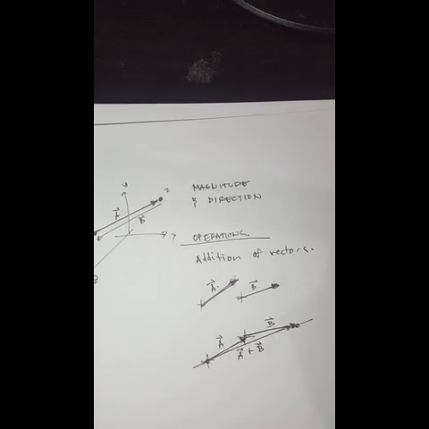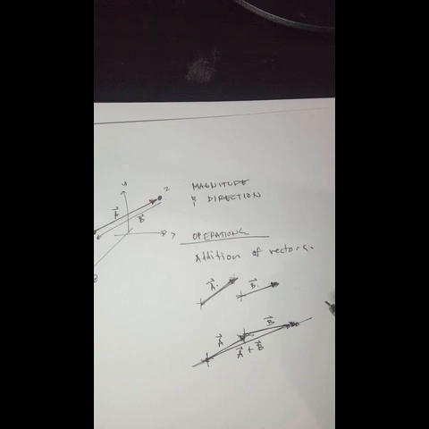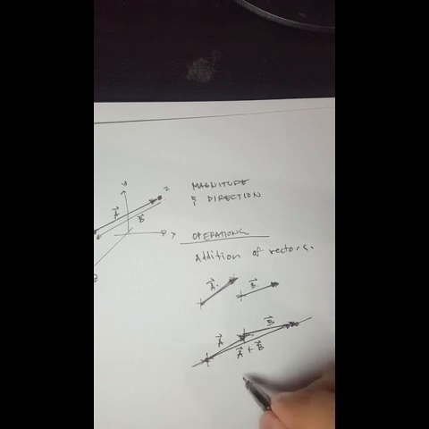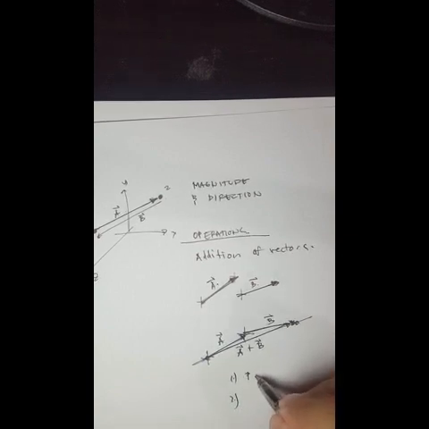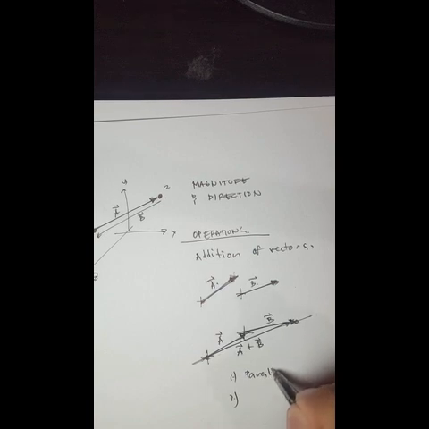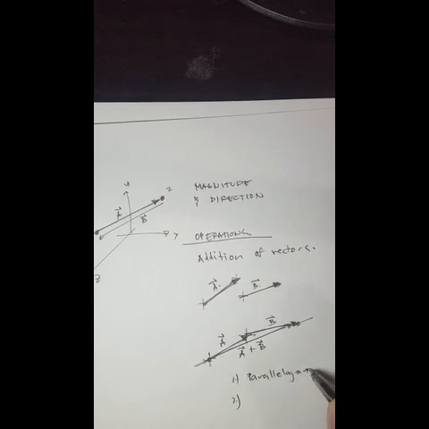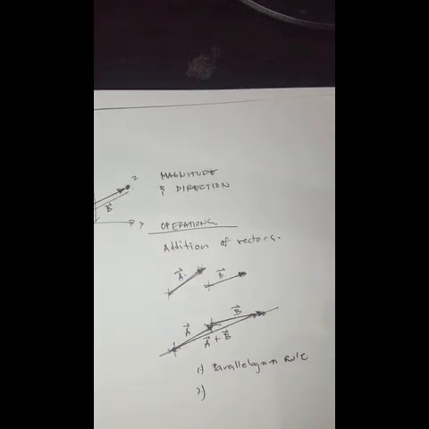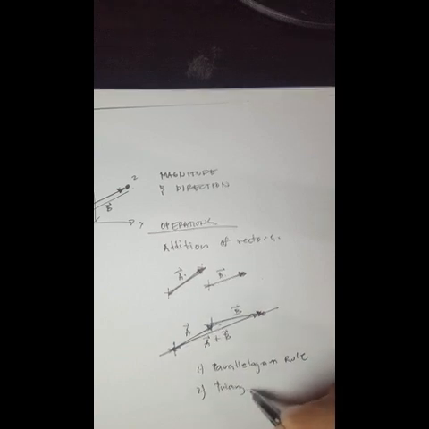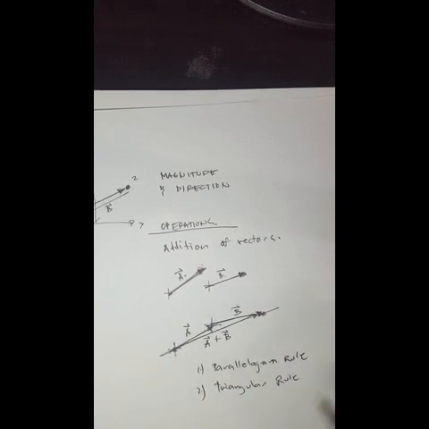Okay, so actually, if we have two vectors and we want to sum them up, then we have two methods. We discussed what we call the parallelogram rule and then the triangular rule. Basically the parallelogram rule is we're making a parallelogram from the two vectors.